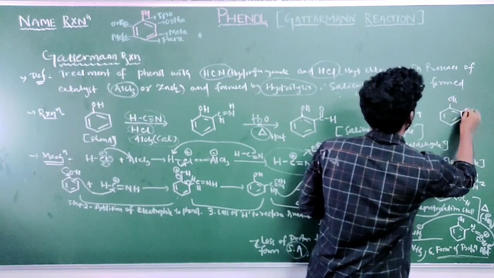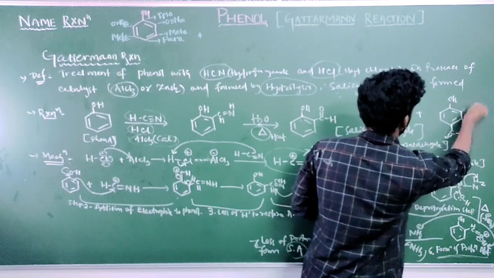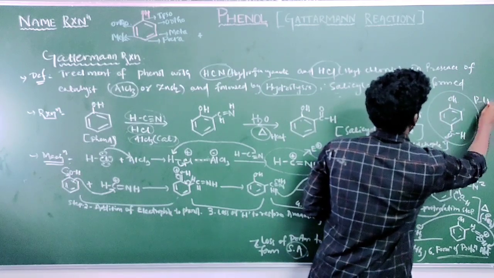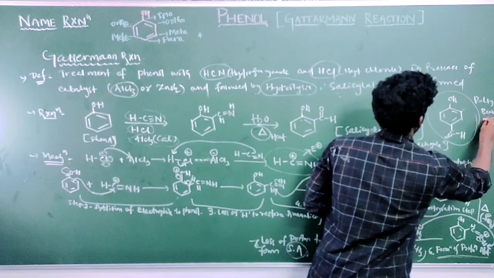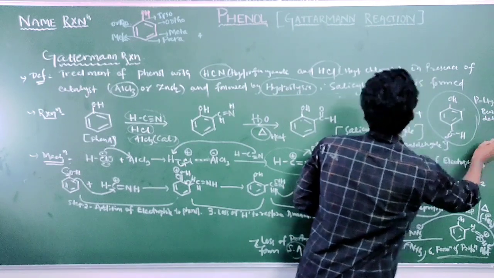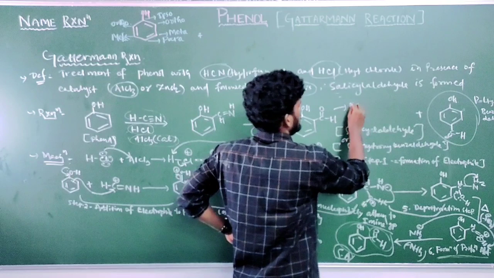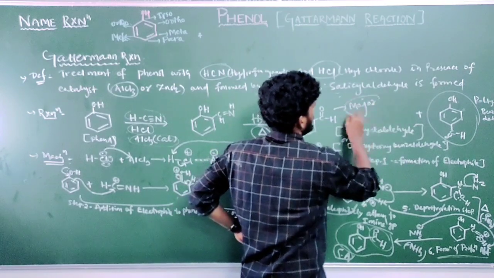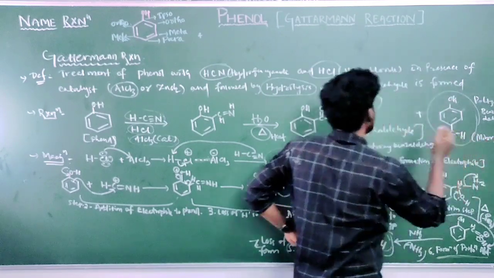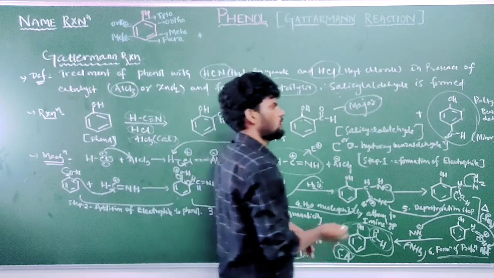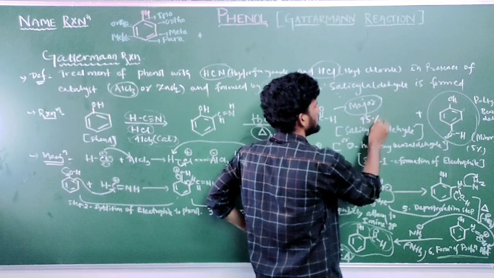Here OH at the para position and CHO is para-hydroxybenzaldehyde. So the ortho product and para product will both form, but the ortho product is major. If the para product forms 5%, the ortho forms 95%.